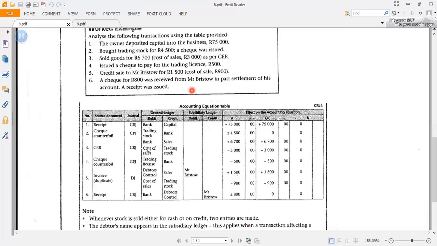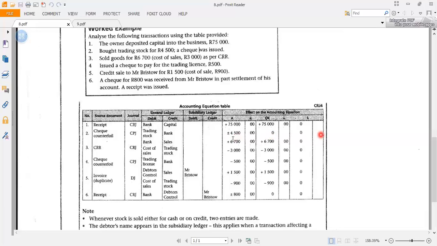So, you go to A, it's plus 4,500, means the value of trading stock has now increased in my business by 4,500. On the other hand, my bank account decreased by 4,500. So for this effect, it's going to be plus 4,500 minus 4,500. 0 under O, 0 under L.